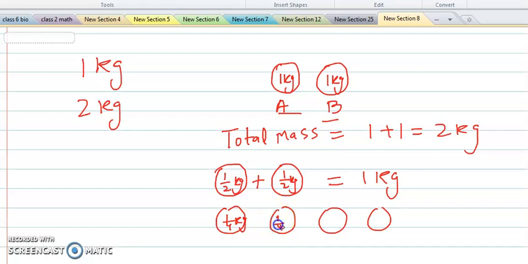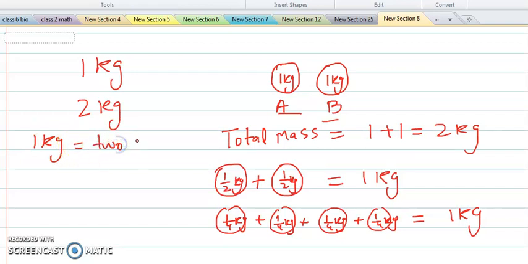Another object of 1 over 4 kg, another of 1 over 4 kg, and another of 1 over 4 kg. So there are four objects of quarter kg, which will make full 1 kg. It means in 1 kg there are two half kg, and in 1 kg there are four quarter kg.